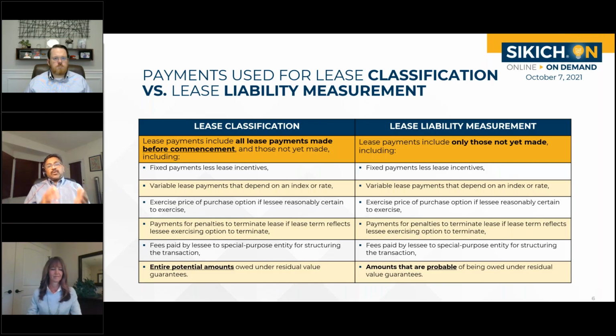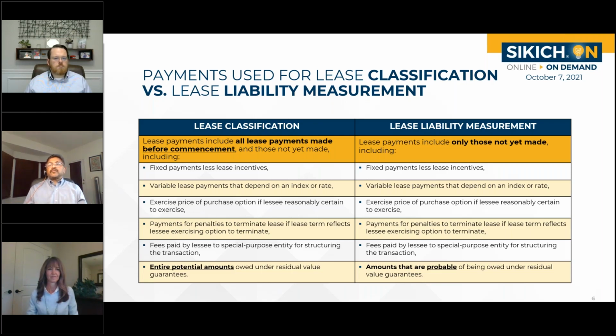Now let's look at the lease liability measurement. All of the items which are used in the lease classification are also included in the lease liability measurement. However, any payment made before lease commencement is not included, right? Because it's a lease liability, if it's already paid, then it's not a liability.